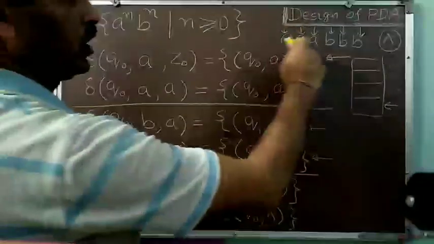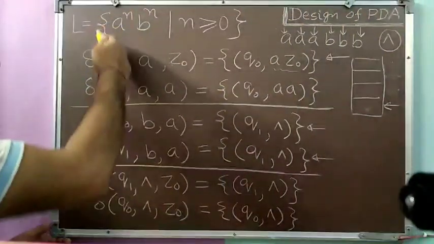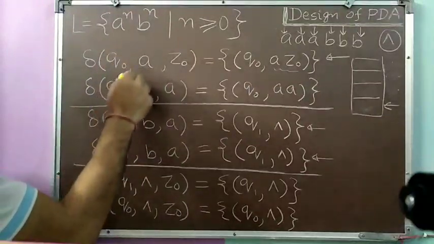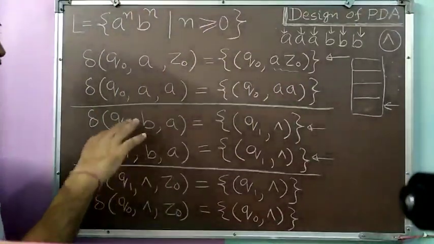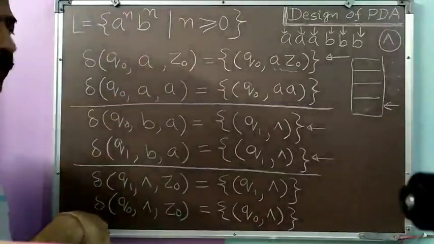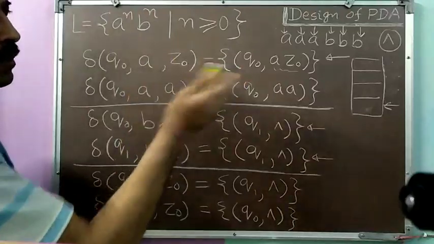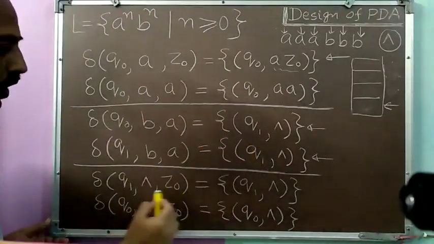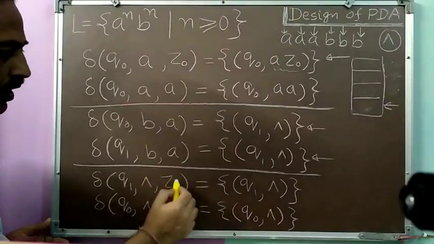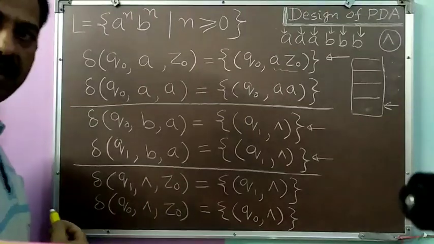If my string is not null, it is of this form, then I will come through these steps: q0 a z0, and ultimately I will push all the a's. When I have pushed all the a's, I start getting b's. I will pop the corresponding a's, and if the number of a's and number of b's are equal, I will ultimately reach the state q1 and a situation where on top of the pushdown store there is z0 and my input string is exhausted.